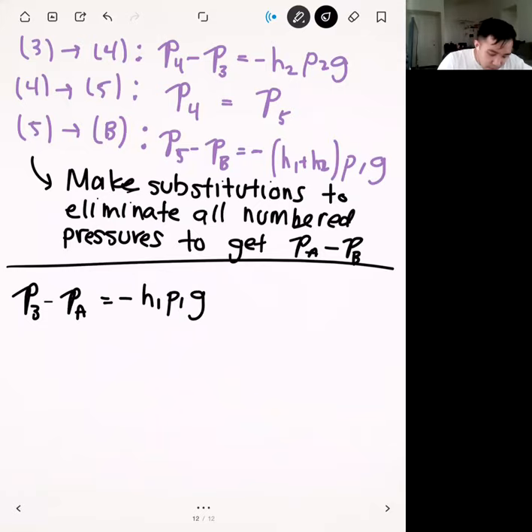And so now we need to eliminate P3. The way that we're going to do that is we're going to use this equation up here.